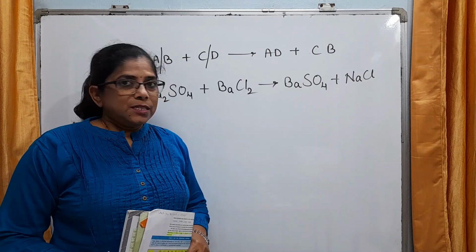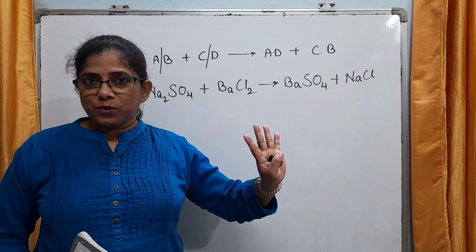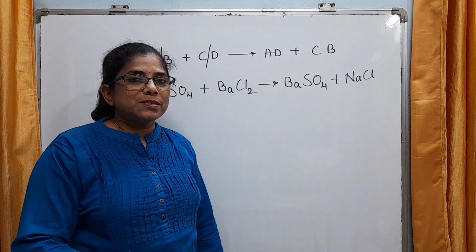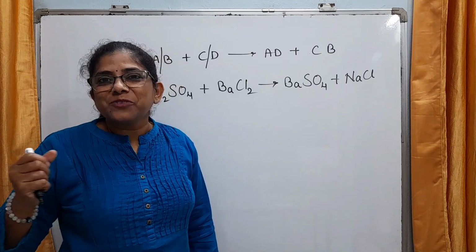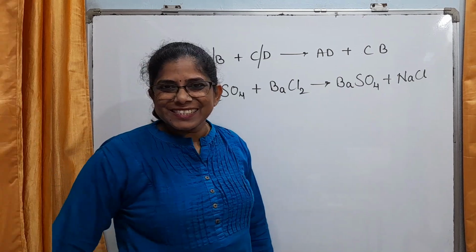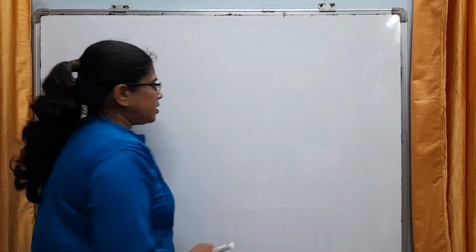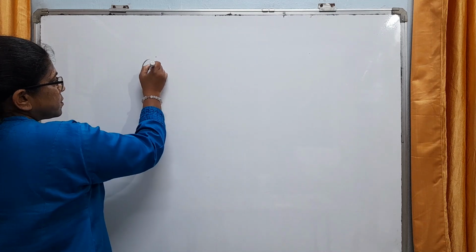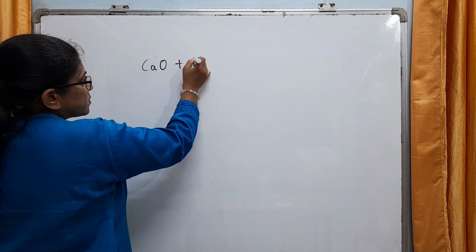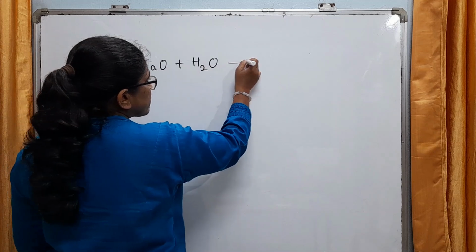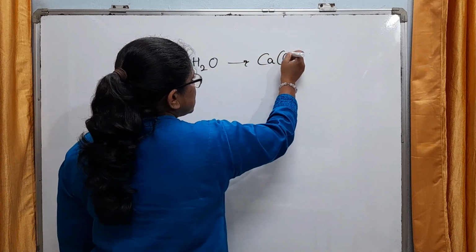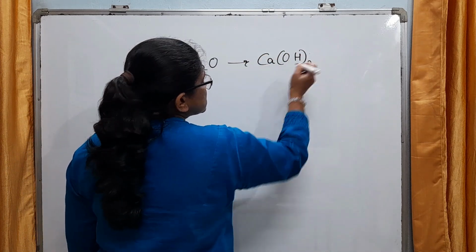Now, as I said, these were the four major types of reactions. Now, apart from this, there are few more interesting types of reactions. Let's check that. Now, in the beginning, I wrote one example, that is calcium oxide plus water. It forms calcium hydroxide.